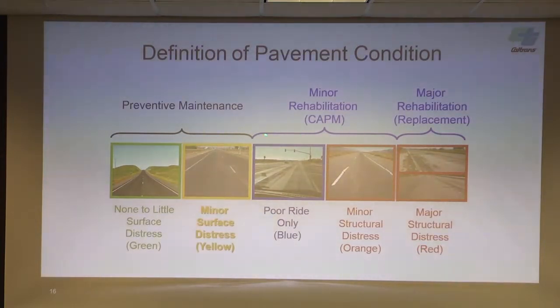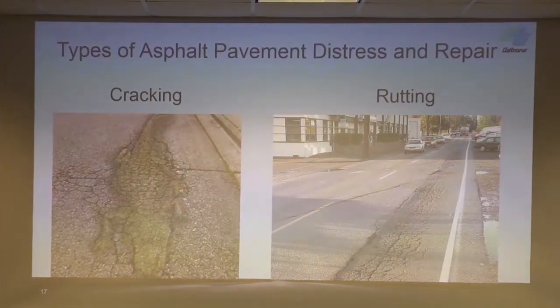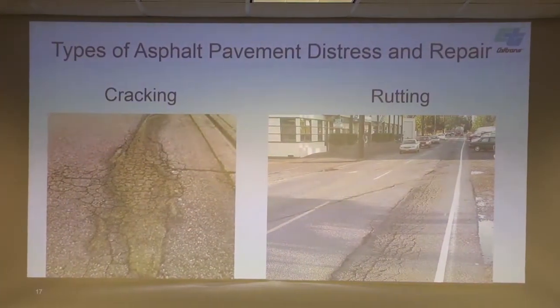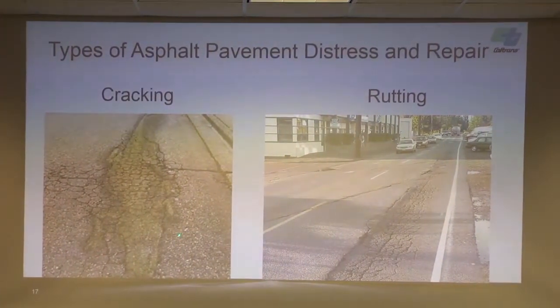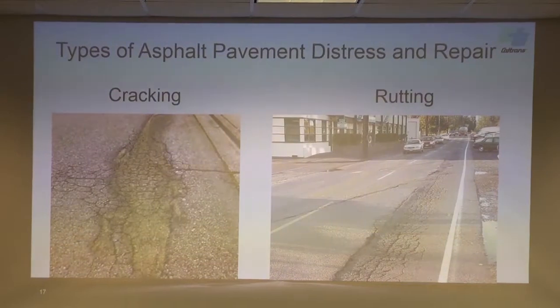So your CAPMs would be in here in your minor rehab, and then your major rehabs would be over here in the red zone. So, types of asphalt pavement distress, obviously cracking. This is popular down in Florida, the alligator cracking. And then rutting over here on the right.